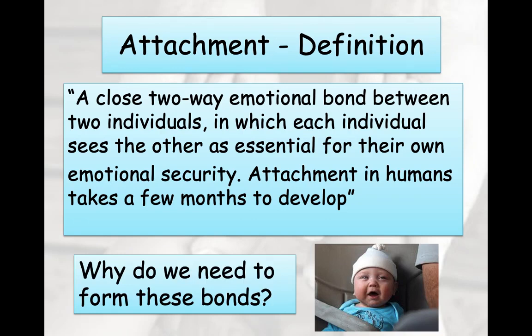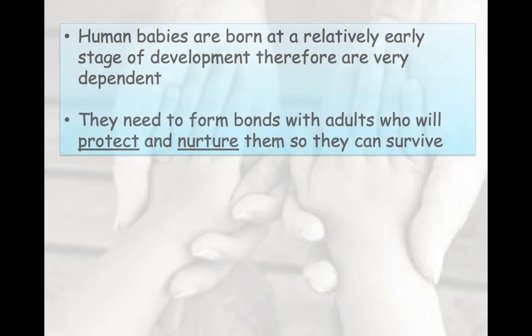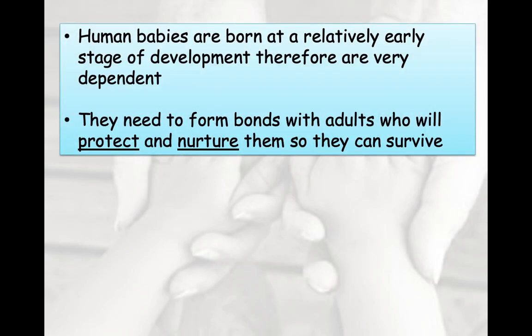So attachments are really, really important to form as a baby, and the reason why is because you would probably imagine that they're for survival purposes. So the difference between when a human baby is born compared to other mammals, for example elephants, is that elephants are born quite late in their stage of development, so they can already walk, stand and run around as soon as they are born.